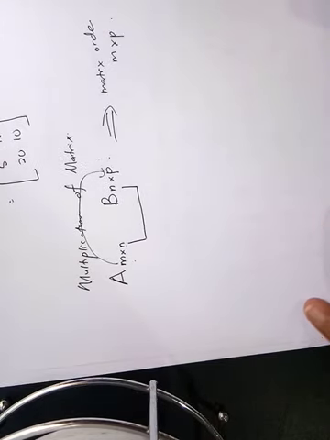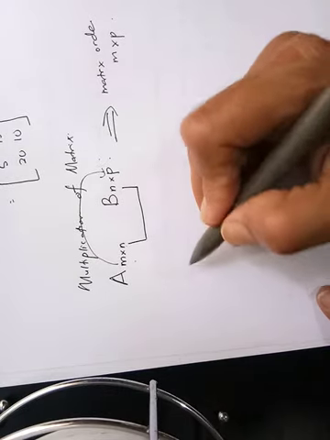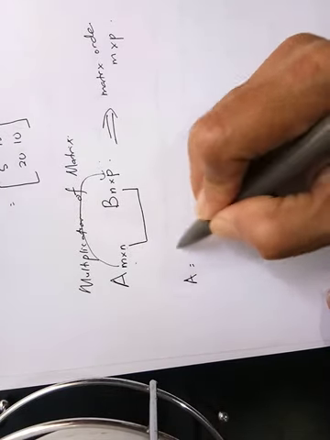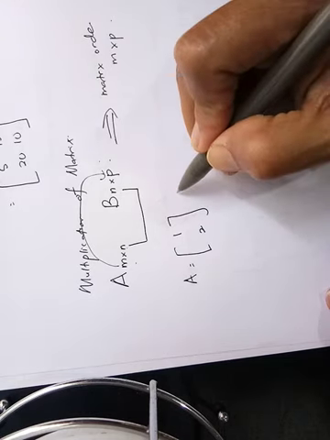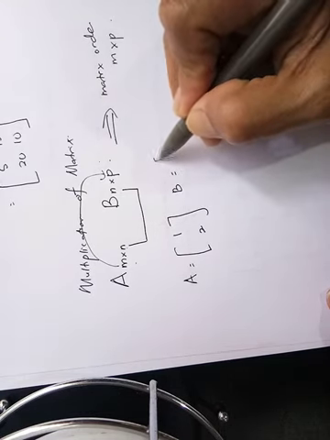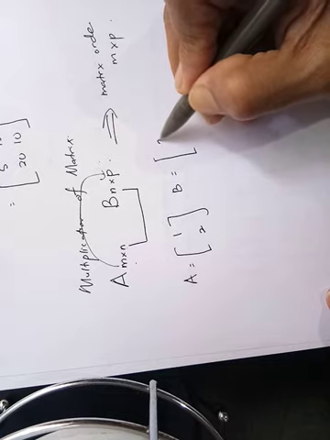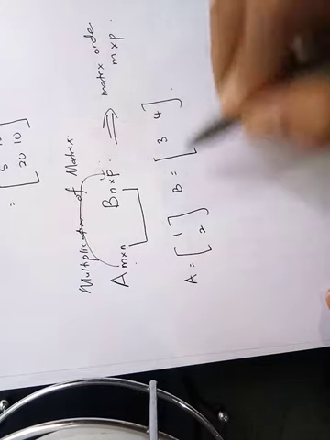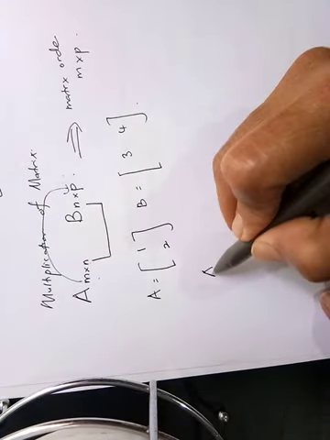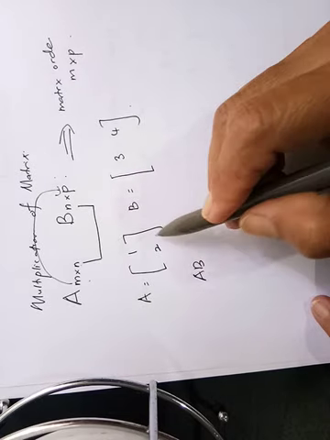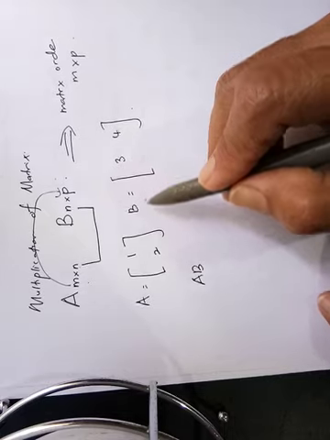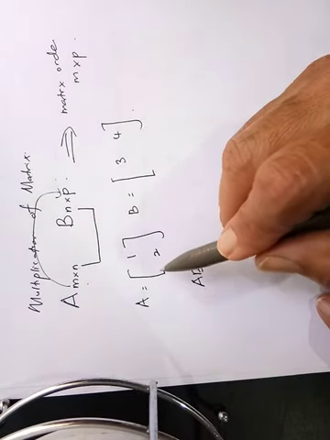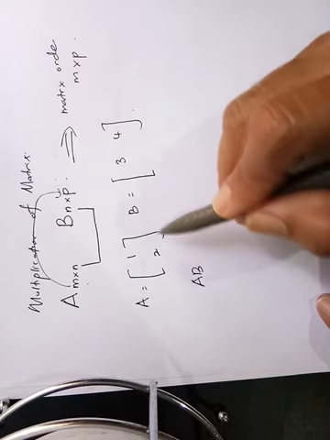Okay, so how to perform multiplication of matrix? Let's say A is the matrix 1 and 2, and B is 3 and 4. First, find AB. First you must check the order of every matrix.